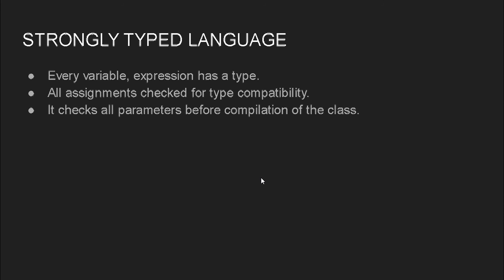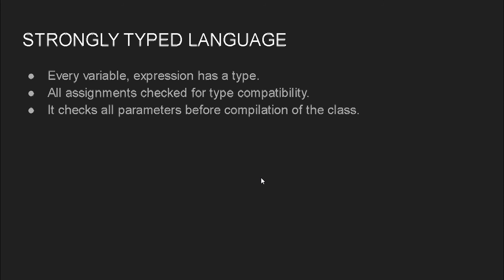Even an expression in Java has a type. For example, I am saying i less than 2. If i is less than 2, then that means it is a boolean type. Why am I saying an expression has a type? Because this boolean expression I can write in an if statement. I can write if i less than 2.